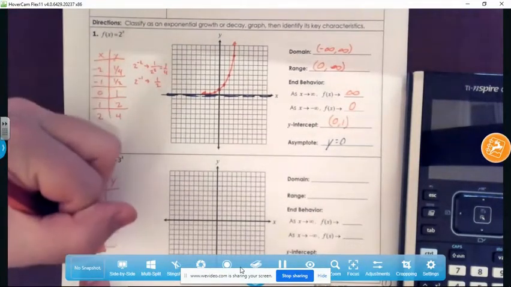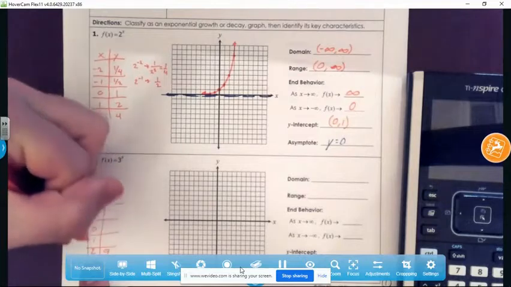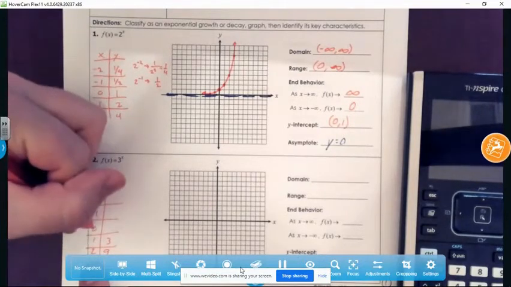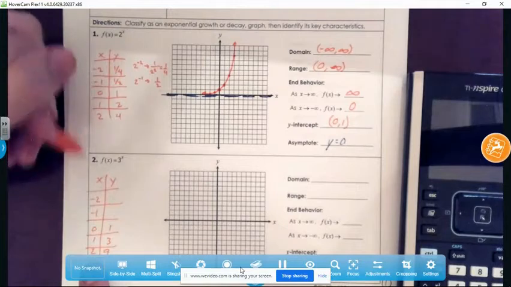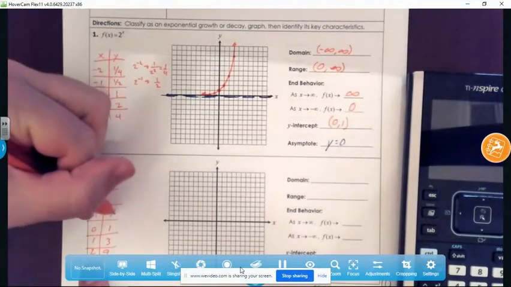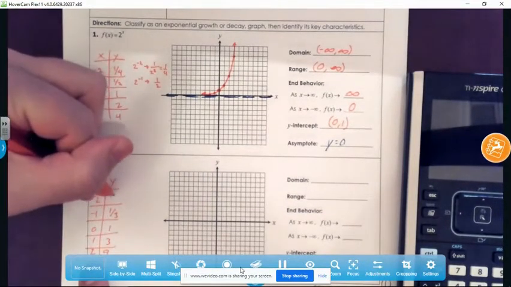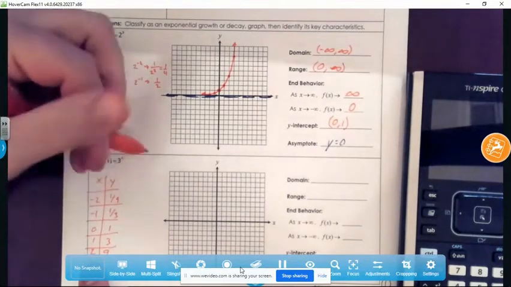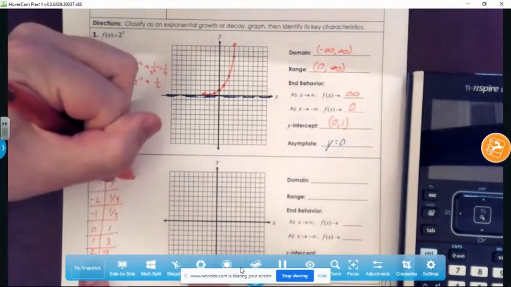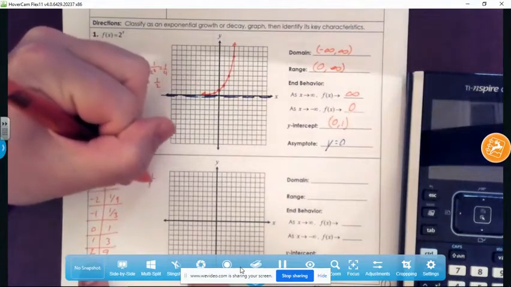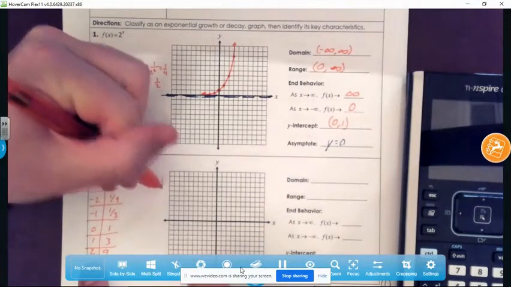3 squared is 9. 3 to the first power is 3. 3 to the 0 power is 1. And then if we use -1, that's 1/3. And then if we use -2, it's going to give me 1/9. And that looks like this. I have 3 to the negative 2 power is 1 over 3 squared, which is 1 over 9.